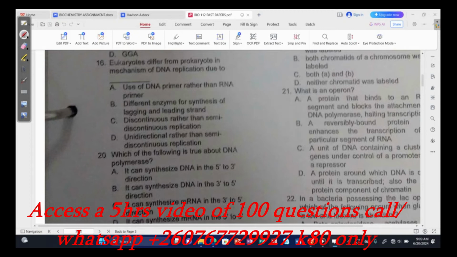D is saying unidirectional rather than semi-discontinuous replication. DNA replication both in prokaryotic and eukaryotic cells is bidirectional, that is, it takes place in two different directions at the same time. So it is not a difference. So the answer to this question is going to be option B, different enzymes for synthesis of lagging and leading strand.